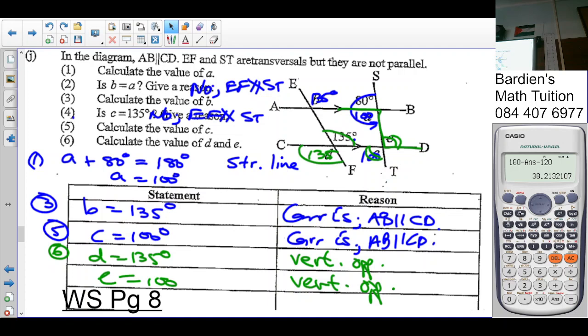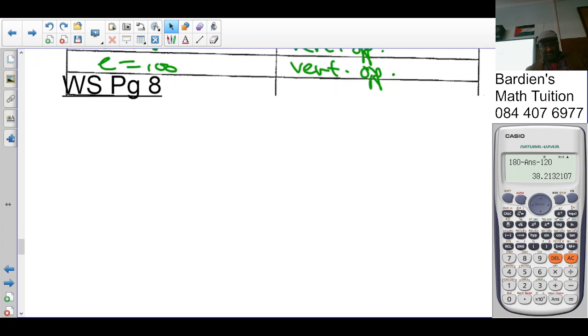This angle and this angle, as well as angle 3 and angle 7. Turn back to your books and you see what that adds up to. You add those angles up in your books.